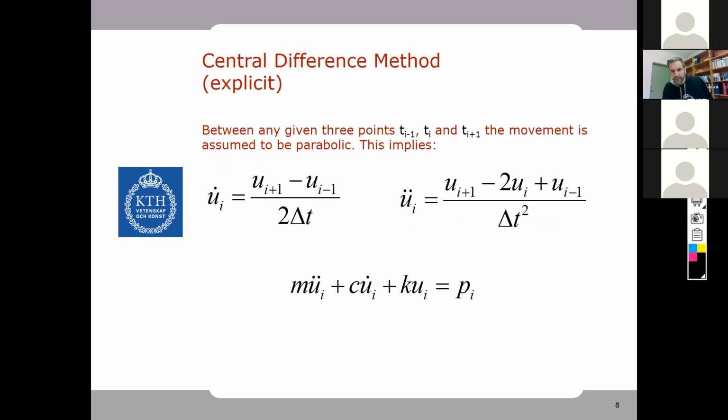The first method that we're going to go through is called the central difference method. It is an explicit method, okay? To repeat, that means that we're going to use only the values that we already know, plus some assumptions, in order to calculate a new value, and we don't impose any conditions on the new value that we're going to calculate, okay?